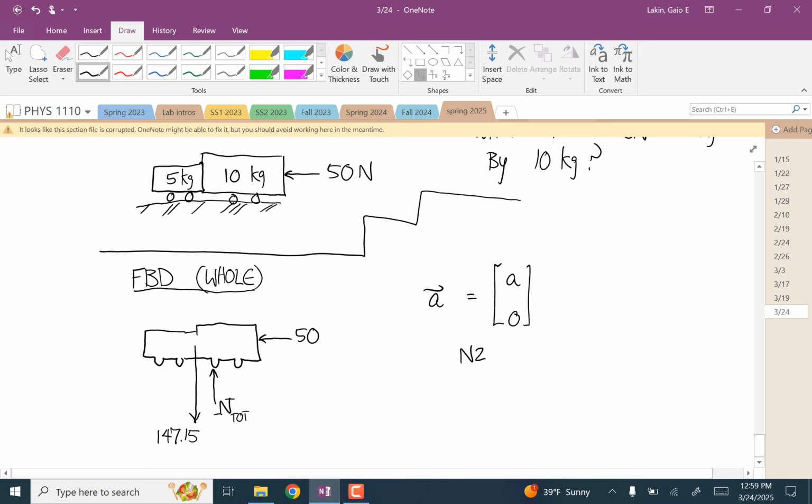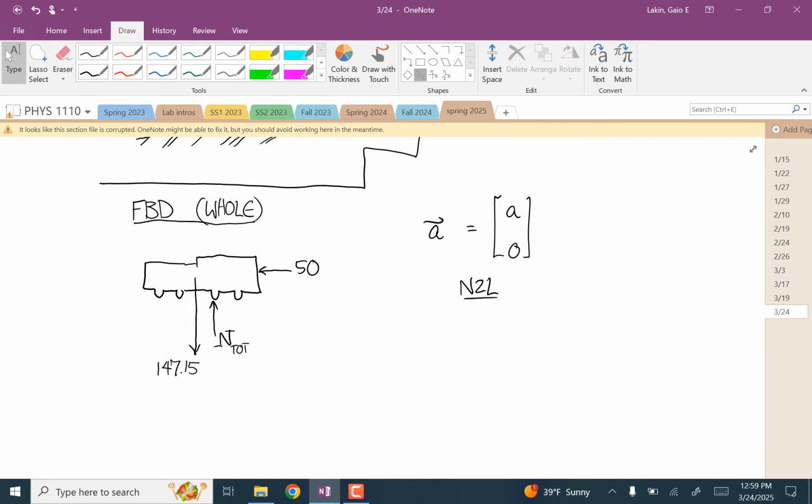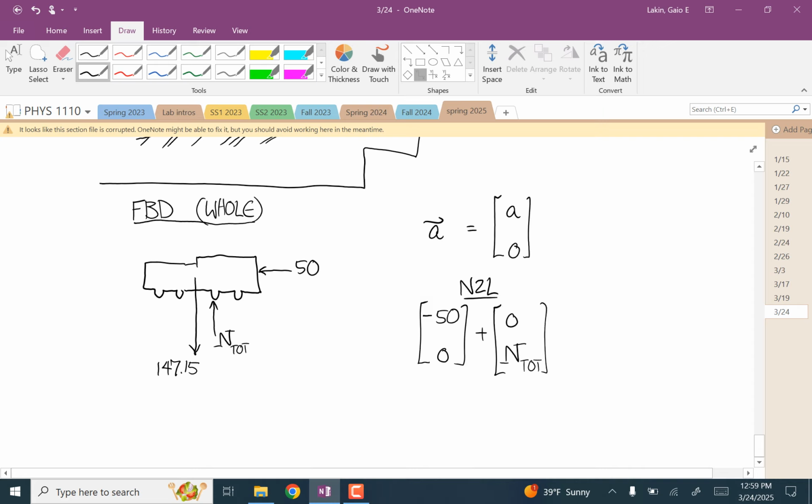And now Newton's second law says negative 50, 0, plus 0, N total, plus 0, negative 147.15, is equal to the mass of what we've isolated, so that's 15, times the acceleration vector as we know it, which is A, 0.